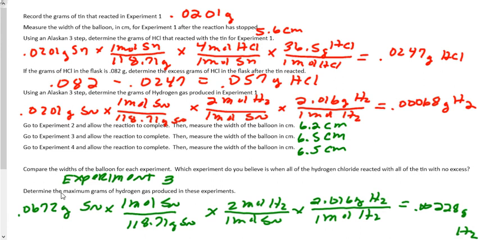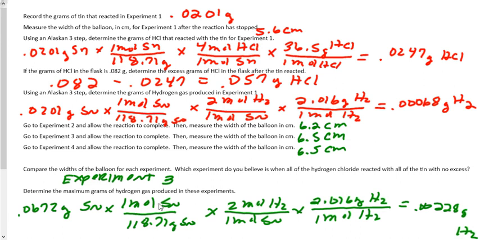So it says, determine the maximum grams of hydrogen gas produced in these experiments. Well, I'm going to use my measurements from experiment 3, because I know that's the one probably closest to where all of the hydrogen chloride reacts with all of the tin, and there's no excess of either of the reactants. So I'm going to take the 0.0672 grams of tin, the amount of tin in experiment 3.